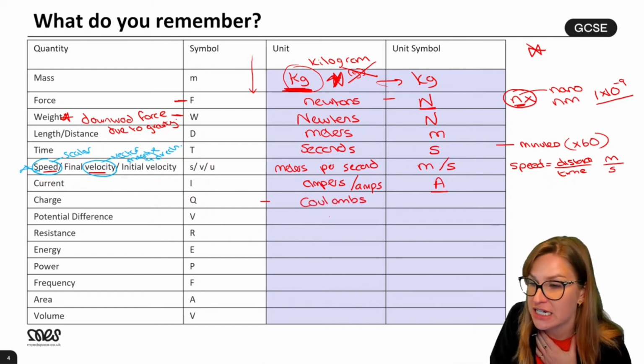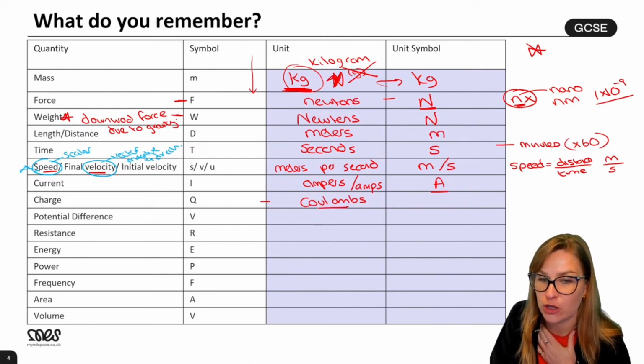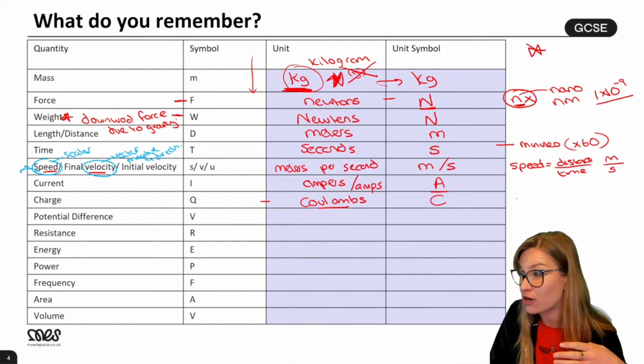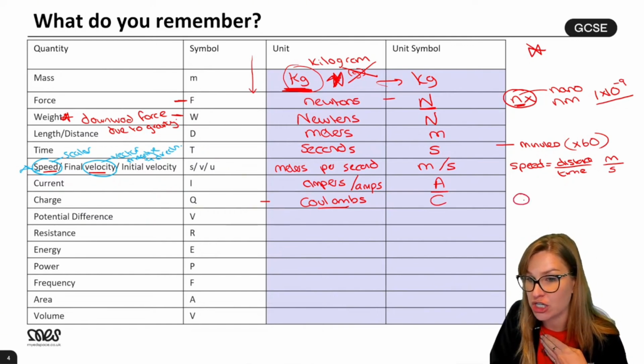Coulombs. My spelling is atrocious, but that's one you want to learn how to spell. And it's a capital C. If you watched any of the TikToks I made, the easy way to remember this is the equation Q equals IT. I know you get given the formula sheet, but it's nice to remember.